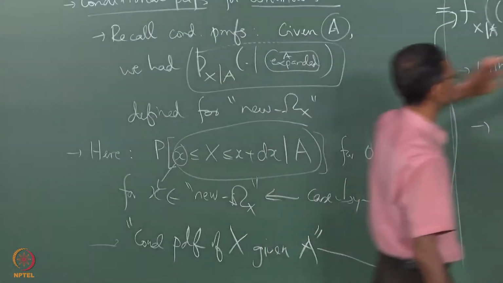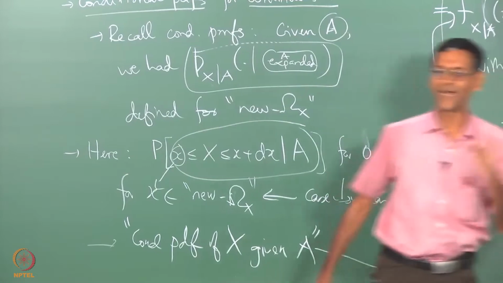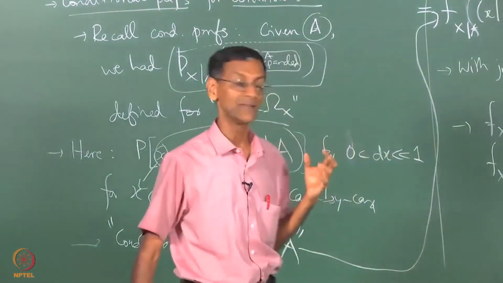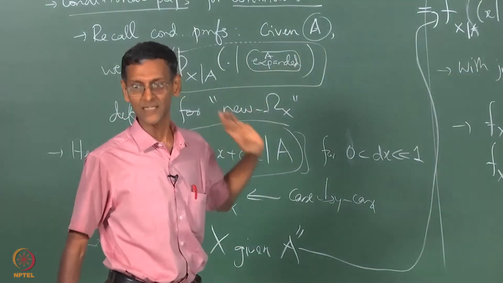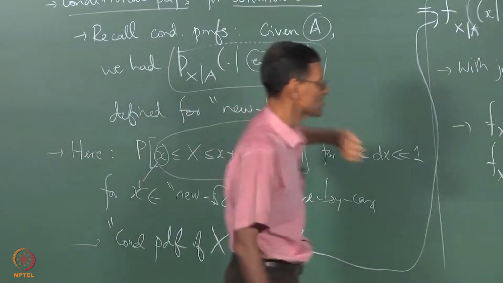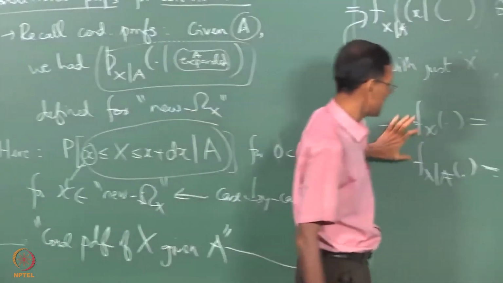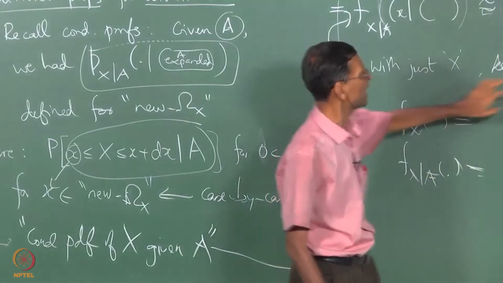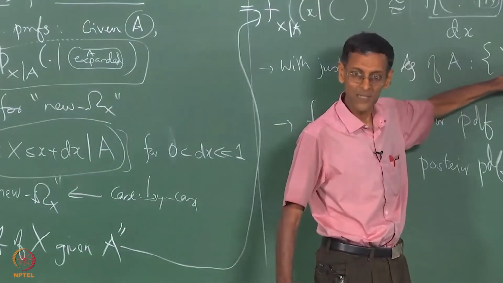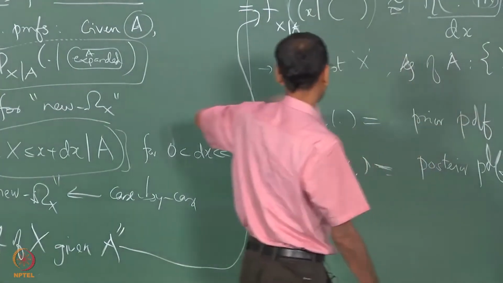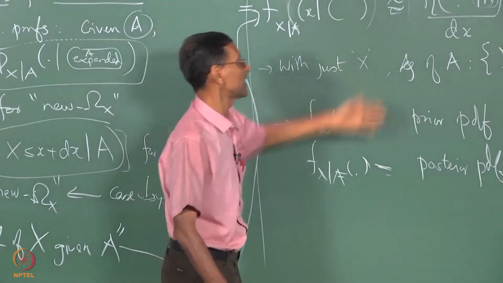So this P of A has to be positive, as we will see. We will normally assume that P of A is greater than 0 for any conditioning event, but there is a twist to that, we will come to that. But at least for now, for this kind of thing, you want this to have positive probability. This P of X greater than x naught must have positive probability, and then I will give you a formula here.